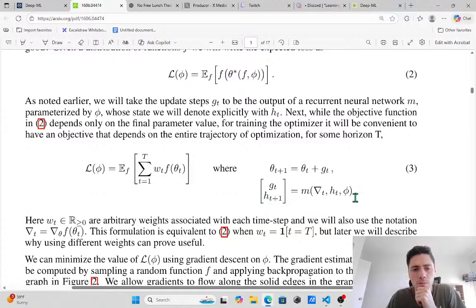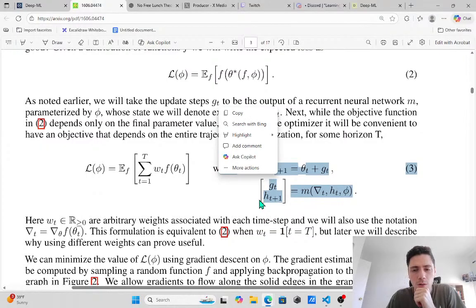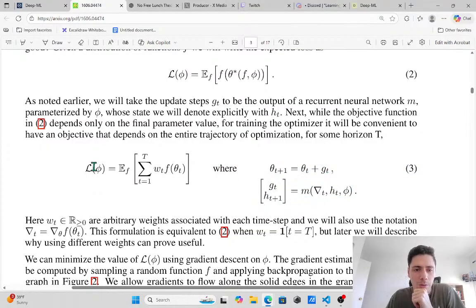I don't like this. Wait, you're telling me, okay, the expected value of the sum over w_t f of theta_t, where theta_t+1 equals this, and g_t and h_t this.